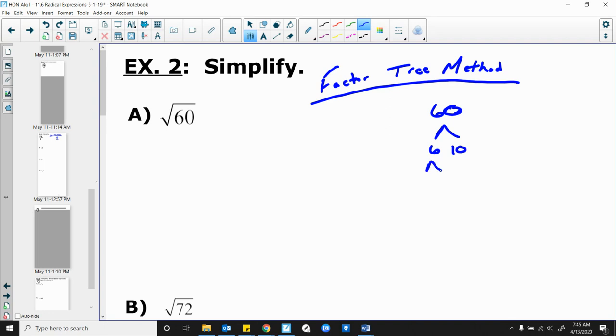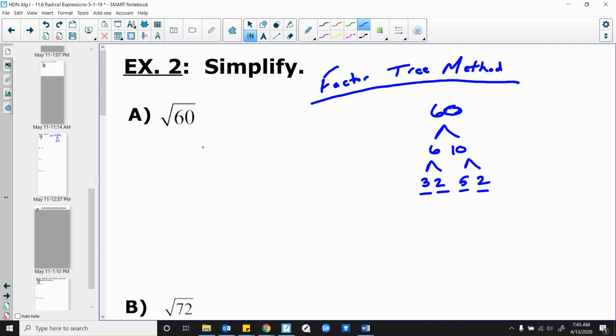And then 3 and 2 multiply to get me 6. Those are both prime numbers, so I know I'm done right there. And then 10 is 5 and 2, and those are both prime numbers, so I know I'm done there.